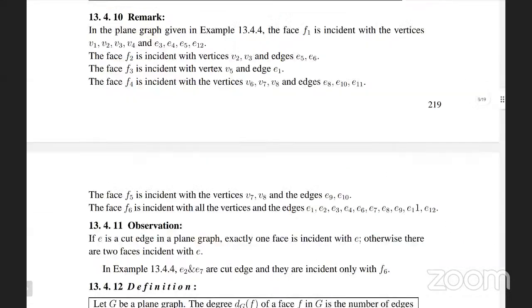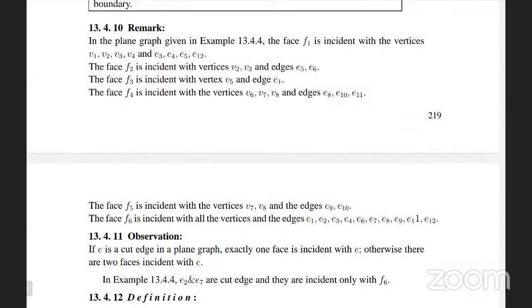In this plane graph, F1 clearly has inside it the vertices V1, V2, V3, V4 and edges E3, E4, E5, E6, E12. F2, F3 and F4 are also inside. Inside are the vertices V6, V7, V8 and edges E8, E9 and E11. In the same way we can reflect which is interior and which is exterior.